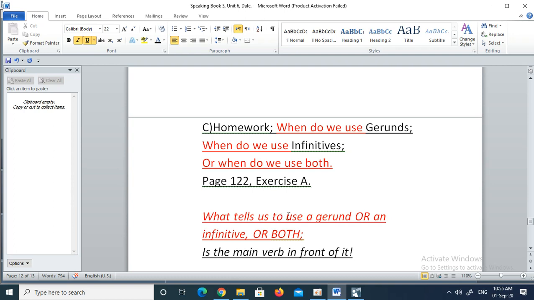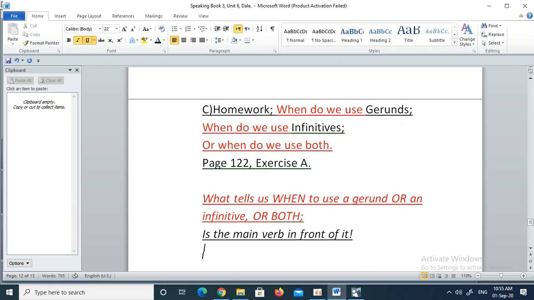What tells us when to use a gerund or an infinitive or both is the main verb in front of it. Some main verbs only take gerunds.